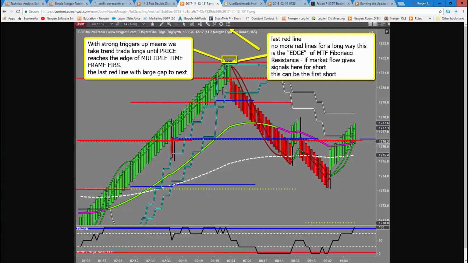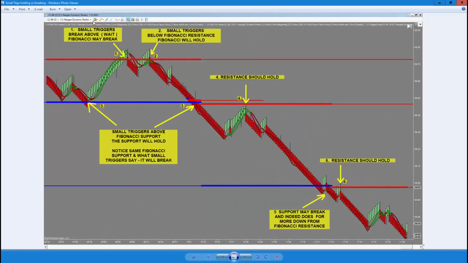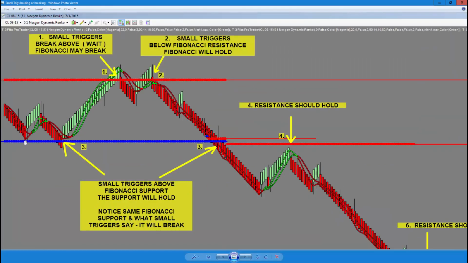And again, one of the things that's going to be crucial in your progress and crucial in your reading of the software is a picture that we've used. I mean, this picture is from 2015, but it's very simple. If you have blue Fibonacci support and your trigger lines do not get below, the support is going to hold.